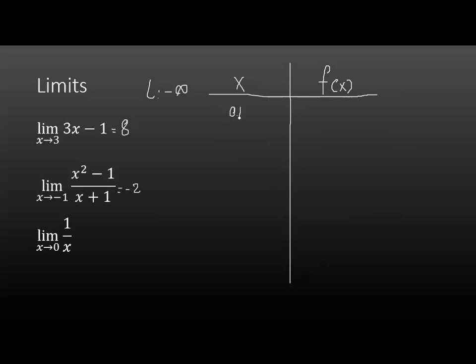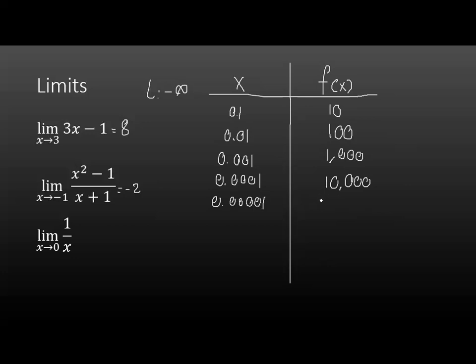So 0.1, right? If you substitute 0.1 here, you will have 10. All right, and I can see already the pattern here. If I put 0.01, I have 100. If I put 0.001, the answer would be 1,000. If I have 0.0001, I will have 10,000. If I have 0.00001, the answer would be 100,000.